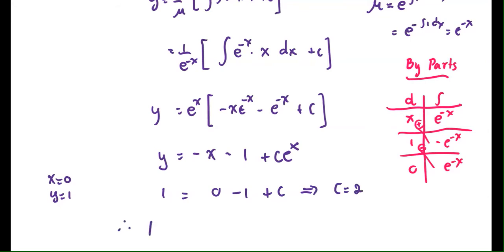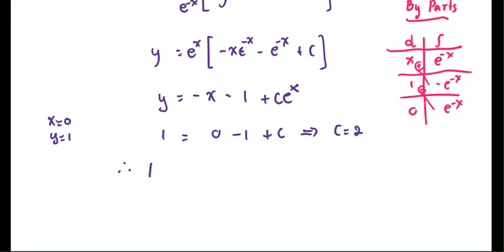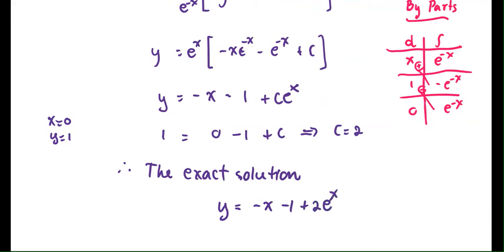Now the exact solution, or the analytical solution, just put it back in. Before we used the term particular solution, right? For the numerical method, we use this as the exact function to produce the exact value of the solution. So the exact solution is in the form y equals negative x minus 1 plus 2 times e to the x.